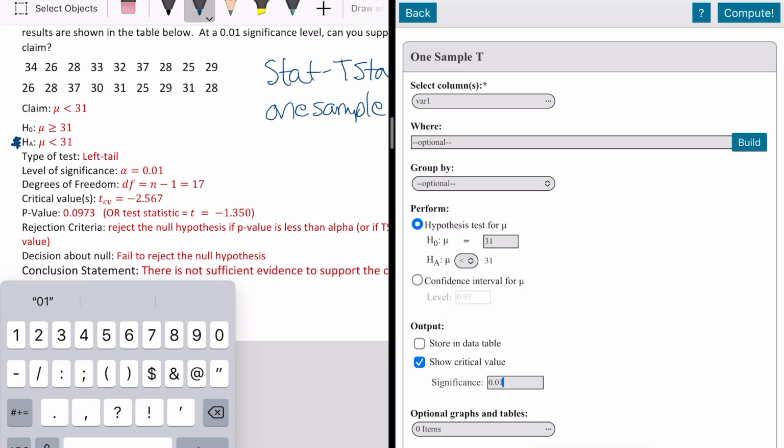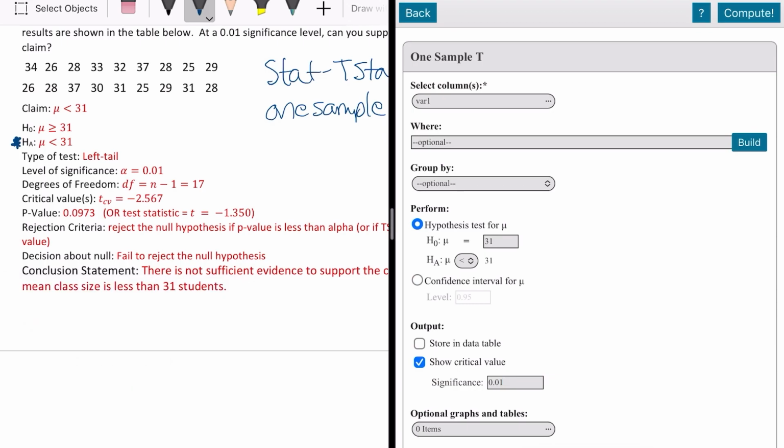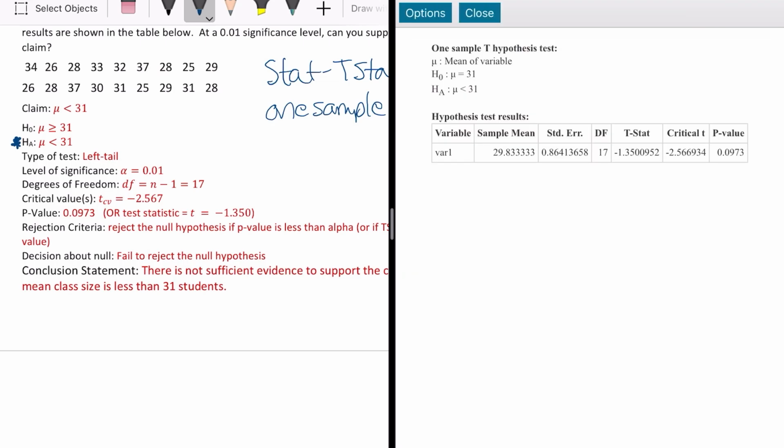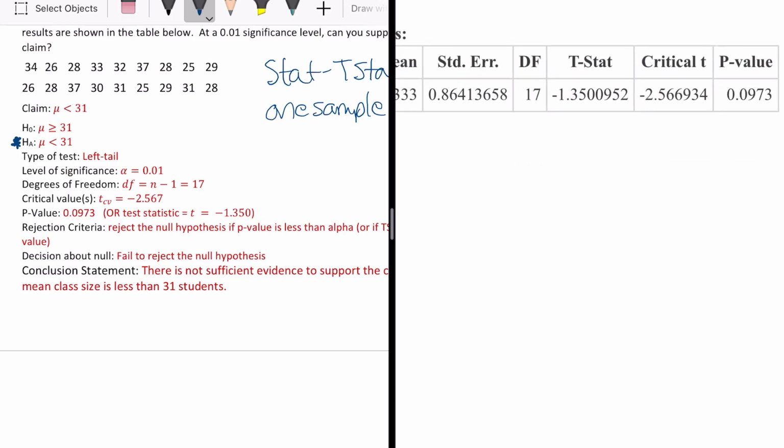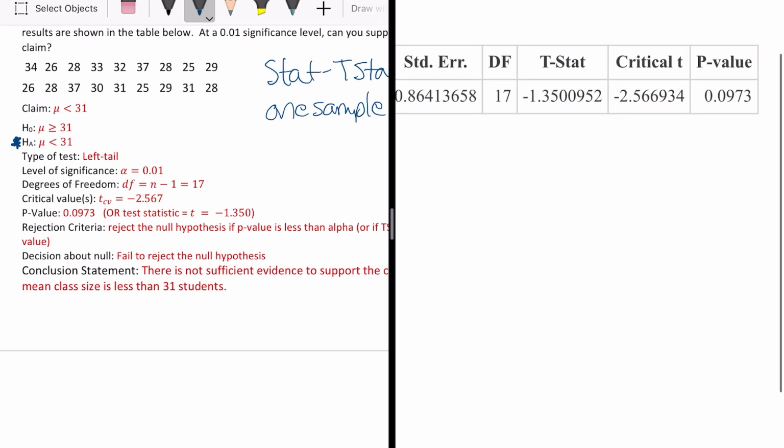You can reset that significance level to what alpha was. Then I should be able to hit compute. That's where I'm getting my critical value, my test statistic, and my p-value. And we have those written down on the key, and they're correct. So hey, look at us.